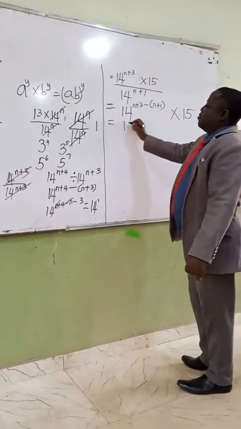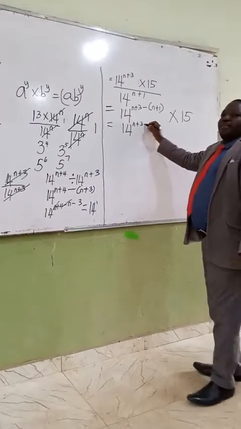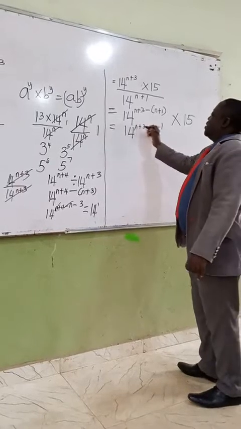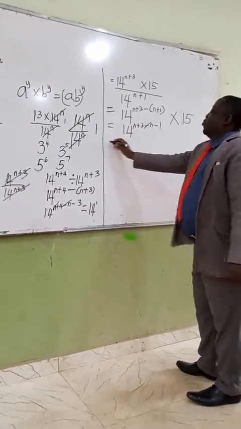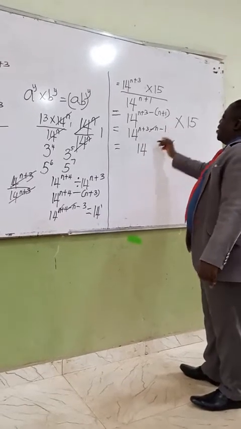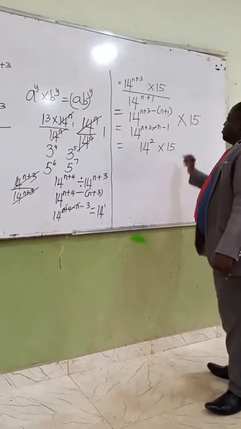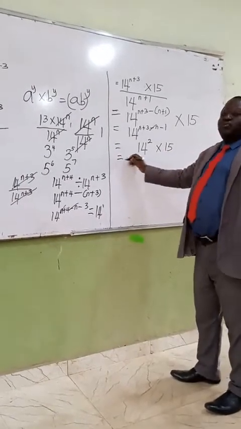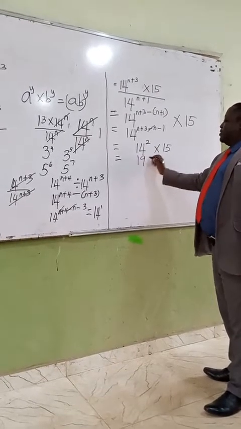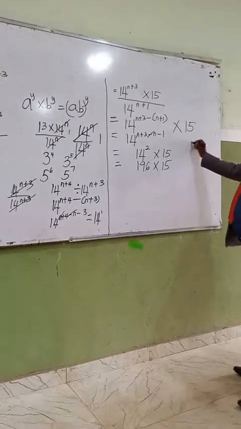Then this becomes 14 raised to power n plus 3 minus n minus 1. n cancels minus n, so we are left with 14 raised to power 3 minus 1, that is 2, then times 15. 14 raised to power 2 is equal to 14 times 14, 196. So 196 times 15. Let's quickly do the multiplication.